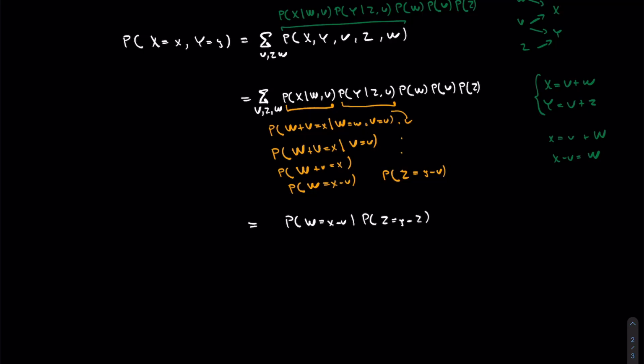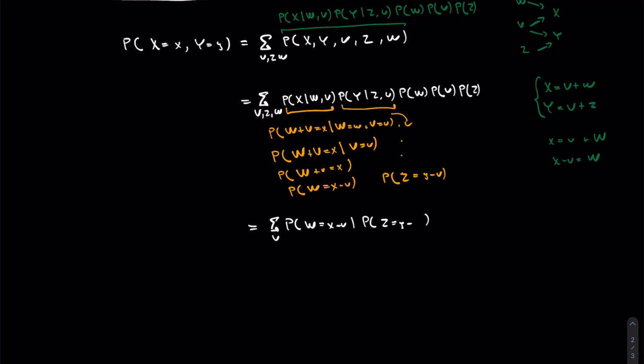Here we have the sum over V, because we have a little v in here. And we don't have little w in the rest of the sum, so we can pull out these sums. So we have W equals v for P of w.